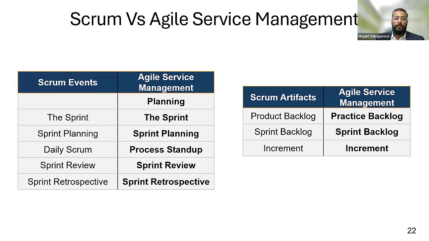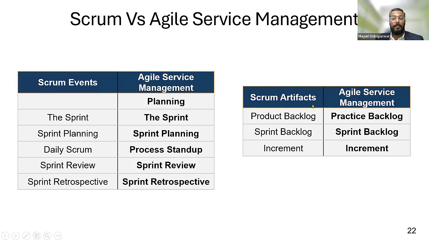This planning can be a complete iteration, which most organizations call sprint 0, where we do the strategic planning for that particular microprocess, or overall for the practice, how many microprocesses will be there. So we will end up creating a practice backlog as part of this planning. So that is one of the events. These are the different events in Agile Service Management.